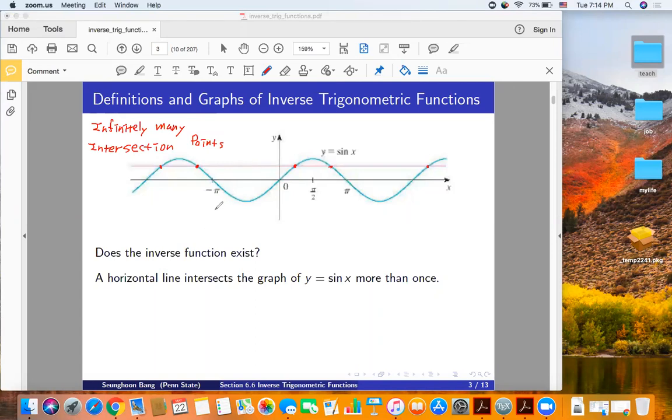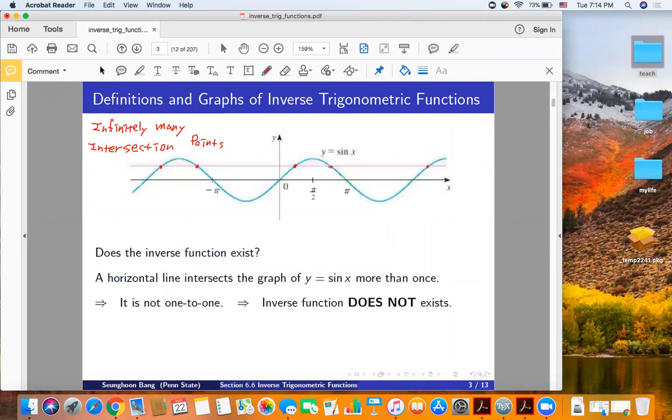So what does it mean? It is not one-to-one, so the inverse function does not exist.